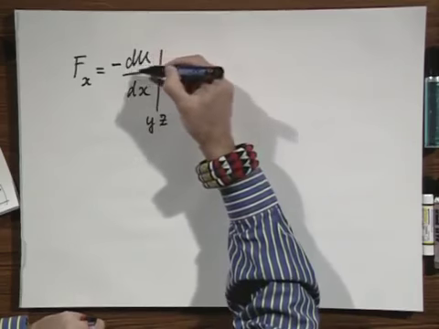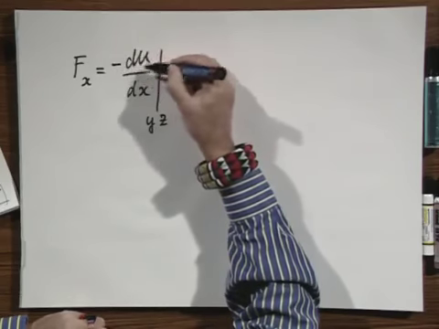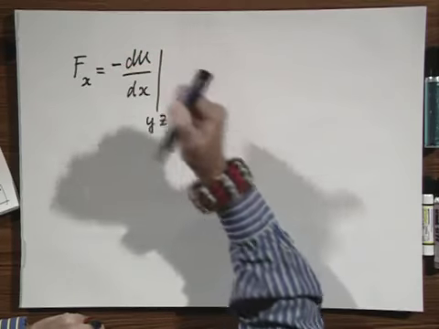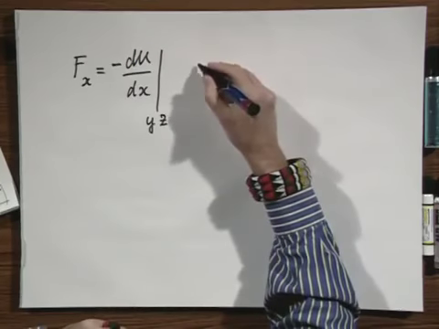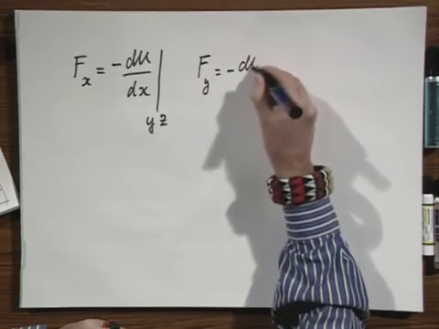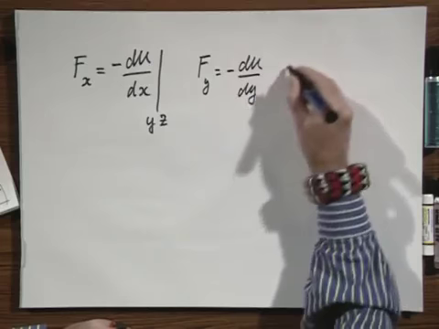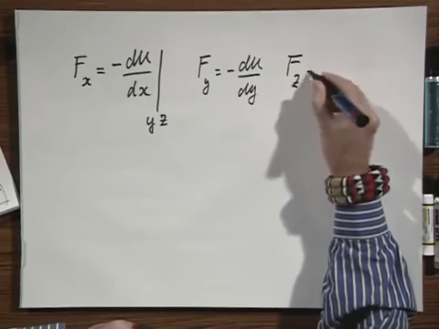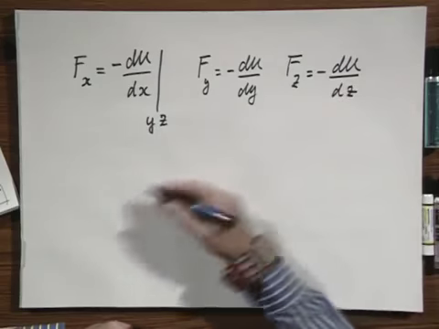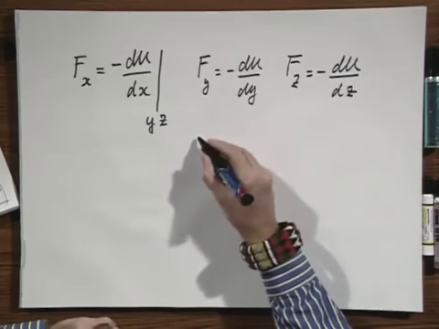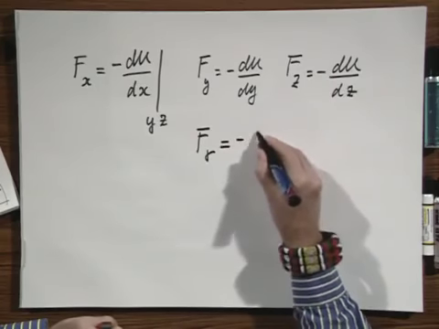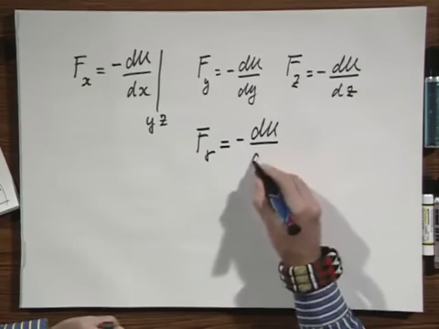And then I watch how the potential energy is changing. And this equation then gives you the x component of that force. Equally, Fy equals minus du dy, and Fz equals minus du dz. And if you have something that only depends on radius, like the case of the sun, Fr equals minus du dr.